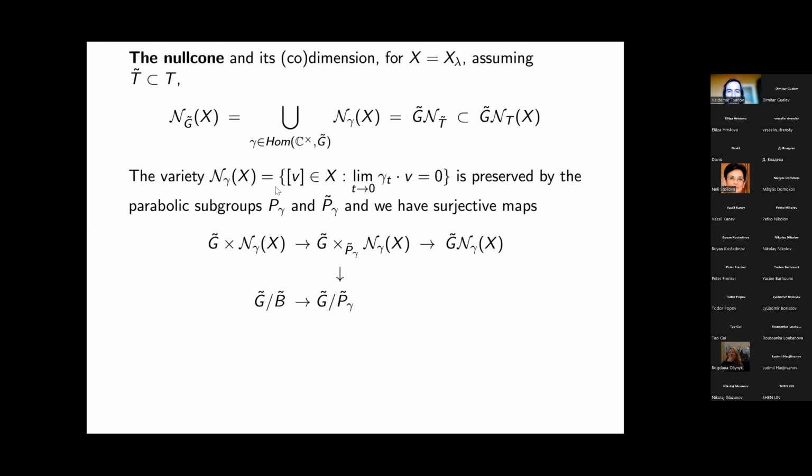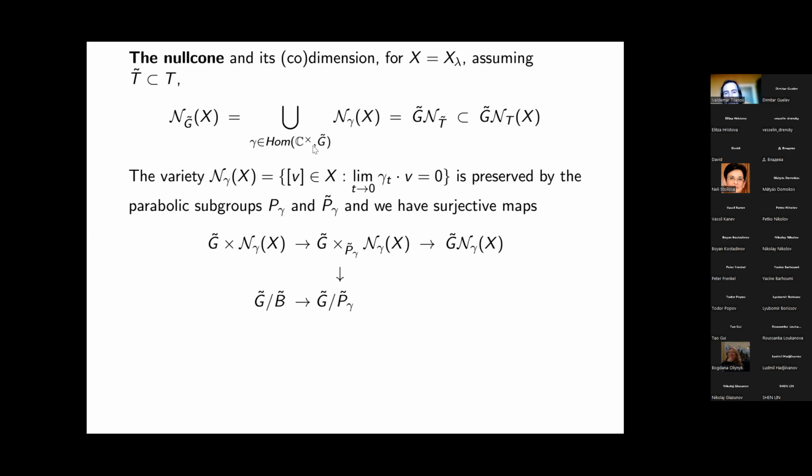So this variety, so the points pulled to 0, is preserved by the parabolic subgroups defined by gamma, actually in either G or in G tilde. So this gamma lands in G tilde, so this subgroup will be well defined.